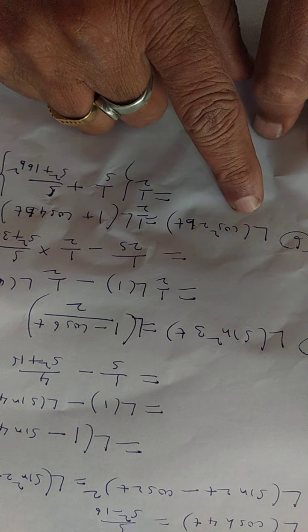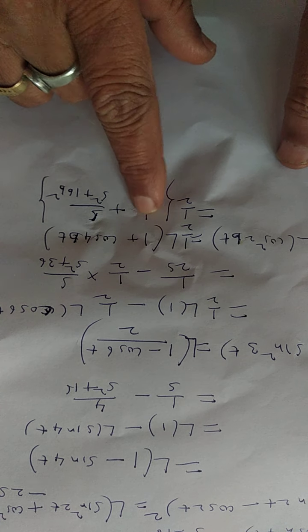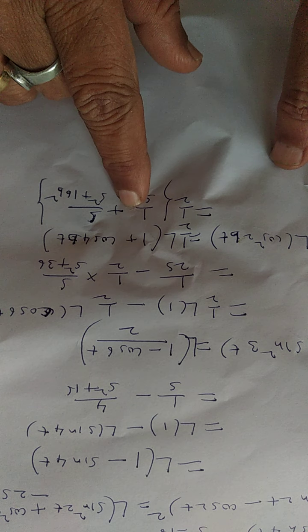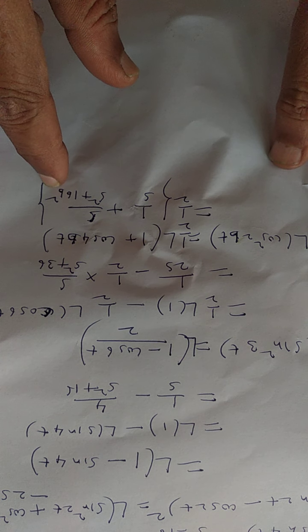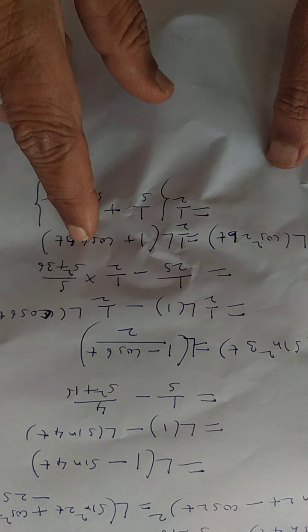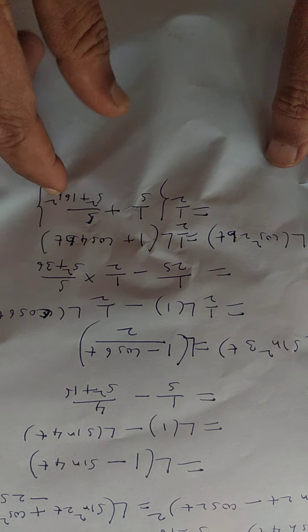And the last example, Laplace of cos square 2bt, that is half Laplace of 1 plus cos 4bt, half into 1 upon s plus s upon s square plus 16b square. See here 4b is a constant, so its square, that is 16b square.